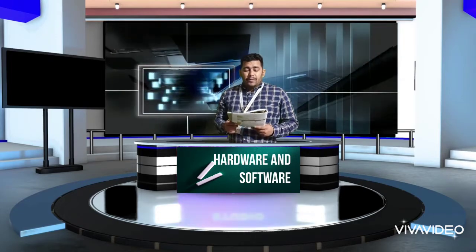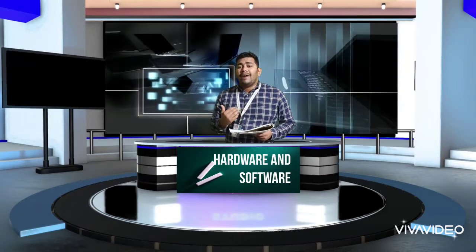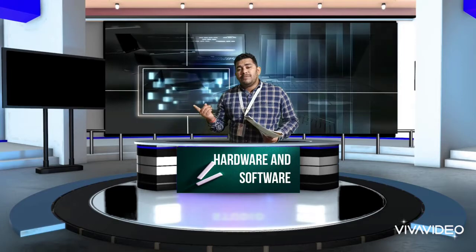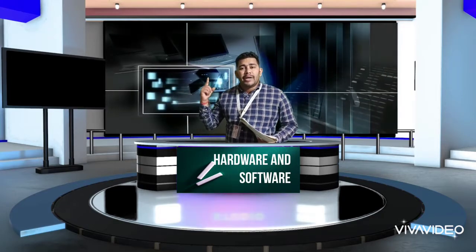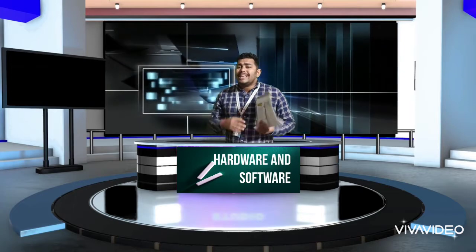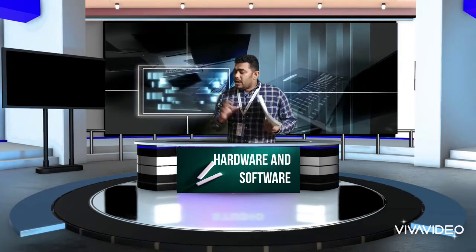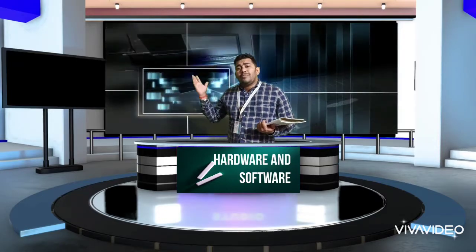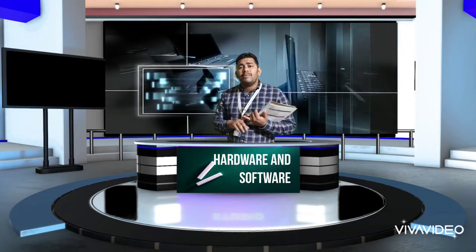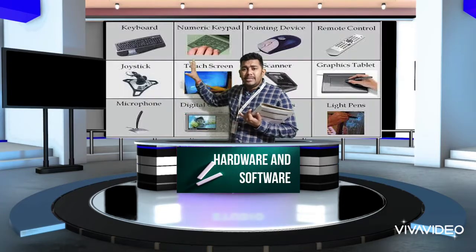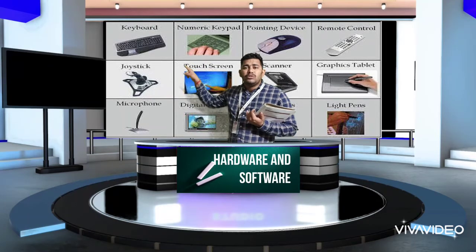And the main thing you have to remember, students, again, our objective was to learn about hardware and software and its components, which we have done. So let's do a recap, in a short way. What was hardware? Number one, remember hardware is anything that you can touch, like keyboard, mouse.